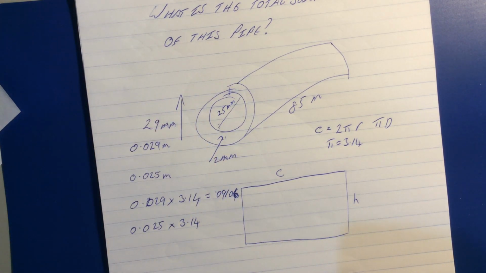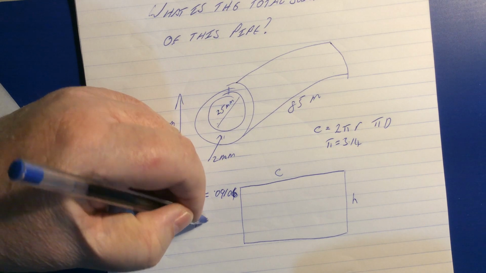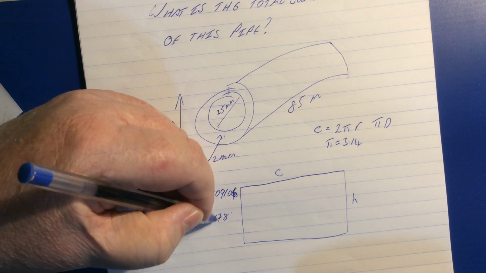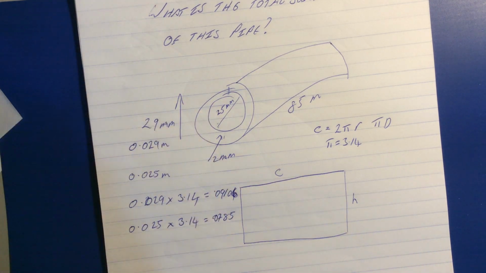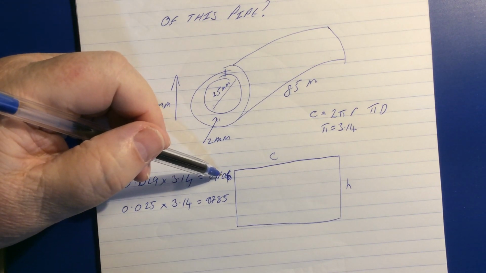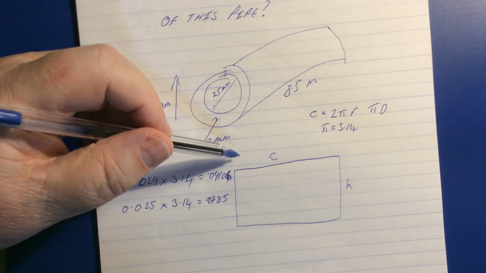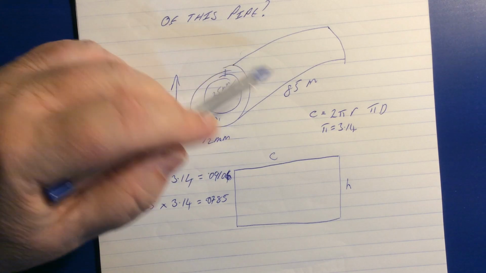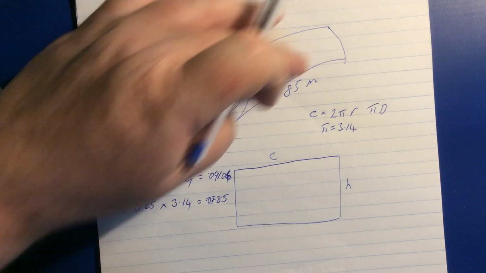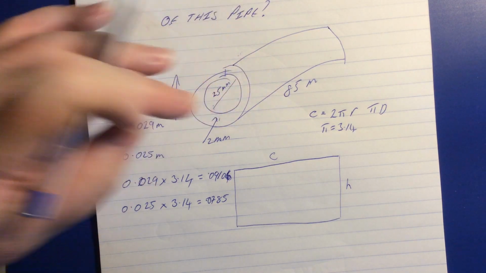And 0.025 times 3.14 is equal to 0.0785. Making lots of small mistakes today. Okay, so let's deal with the large area, which is this area on the outside and on the inside.